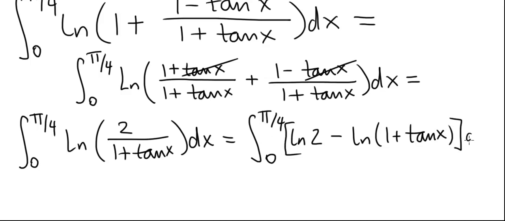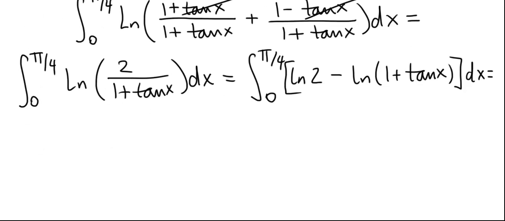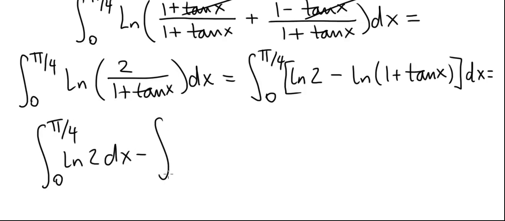And we can express this further. This is equal to the difference of two integrals, so this is the integral from 0 to pi over 4 of natural log of 2 dx minus the integral from 0 to pi over 4 of the natural log of 1 plus tangent of x.